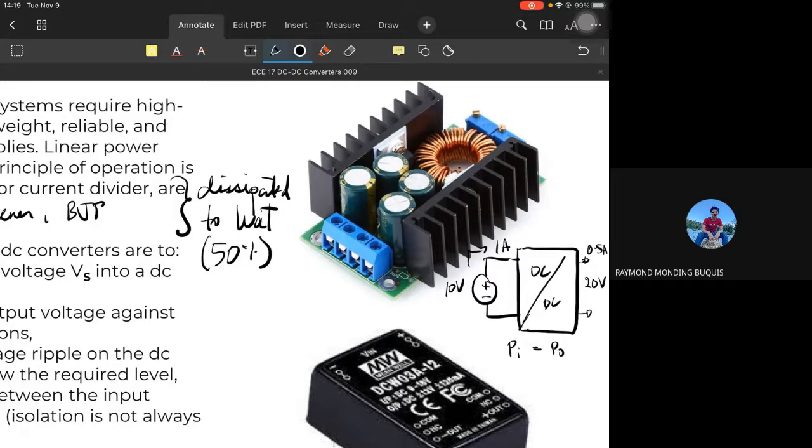And number two, the current is boosted, multiplied. If we step down the voltage, the current steps up. That's nice, that's a trade-off. So it's a win-win in the buck converter or step down converter, because we already obtained the required voltage level, and the current is also increased.